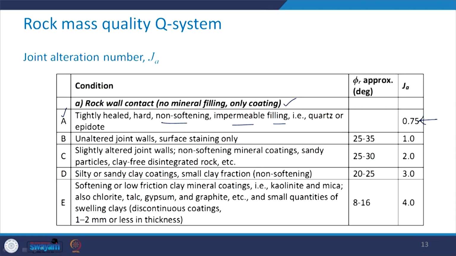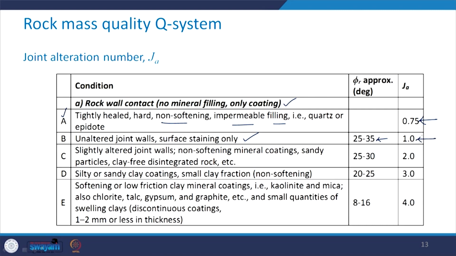For unaltered joint walls having surface staining only, this residual friction angle is of the order of 25 to 35, and the rating assigned to the joint alteration number is 1.